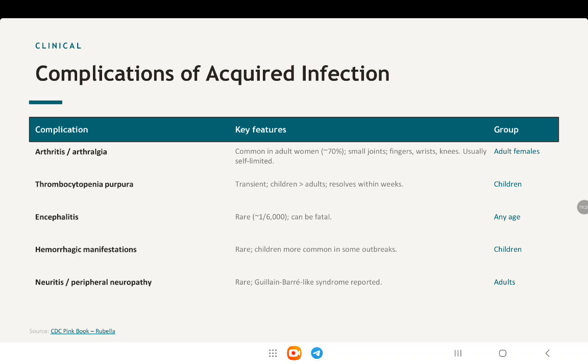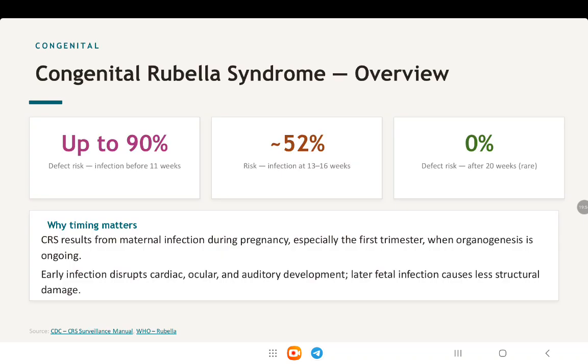Patients may develop confusion, seizures, and coma. Very rarely, rubella causes nerve inflammation or a condition similar to Guillain-Barré syndrome. Serious complications of rubella infection are uncommon, unlike measles, but they should always be recognized when they start.